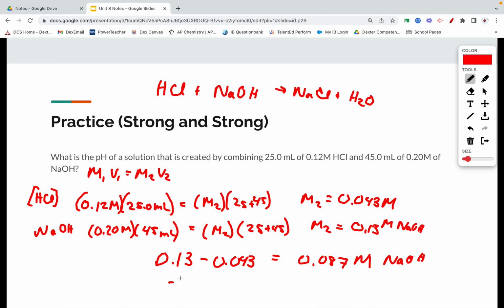So we just take the negative log, because remember, we're trying to find pH. The negative log of 0.087 gives 1.06. And remember, that's pOH because it's the sodium hydroxide. So we take 14 minus 1.06, and that's 12.4. So the pH of our new solution is 12.4.